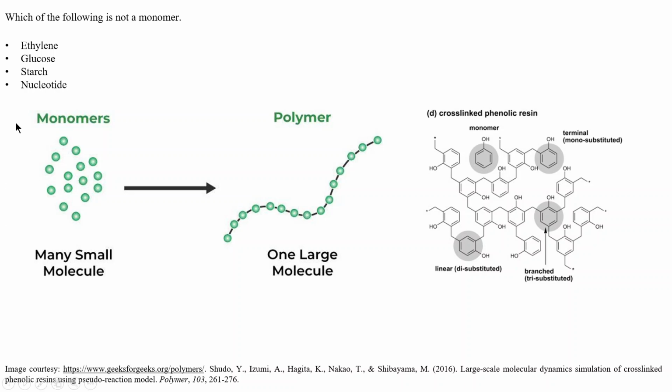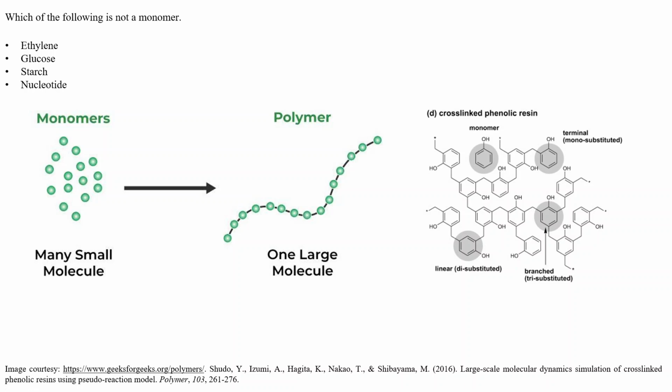You can see the representation here that monomers are small molecules which, when combined together, will form one large molecular polymer, which forms a chain. Ethylene will be a monomer, and when polymerized, it will give you the polyethylene chain. Glucose also, when the glucose monomers are combined together, will give you long chain carbohydrates, and in this case you can see starch itself.